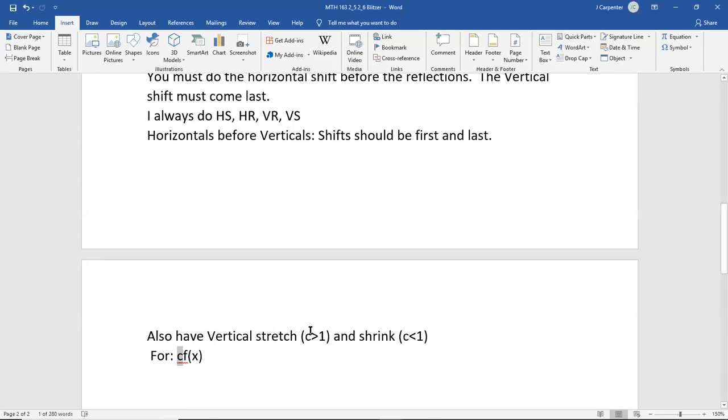Quicker being a stretch, so if your constant is like a 2 or a 3 or a 4 or a 10 or 100, that's going to make this thing hit higher heights quicker. Imagine that you took the graph and grabbed it by the top and the bottom and it was made of elastic and you just pulled vertically. It feels like it goes narrower, but what you're really doing is making the heights go up more and down more.